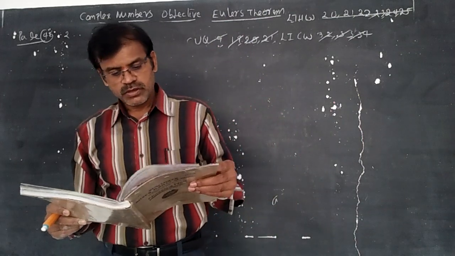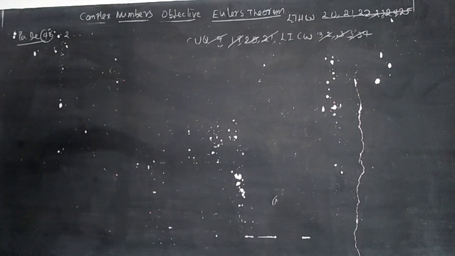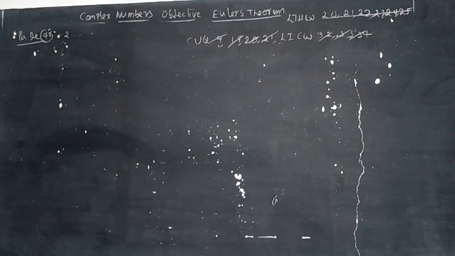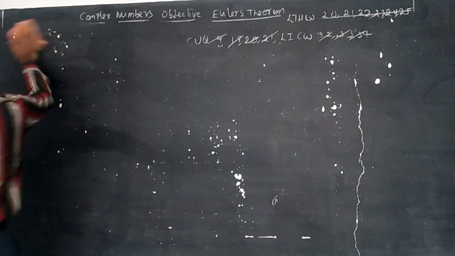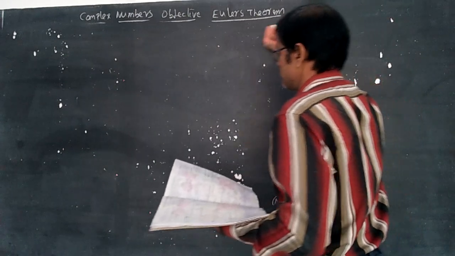Now the modulus amplitude form also you can decide, depending upon the level 1 concept. Open page number 20, and 29, 30, 31 we can discuss later. We'll go for another theory. Euler's theorem formulas and sums are completed.